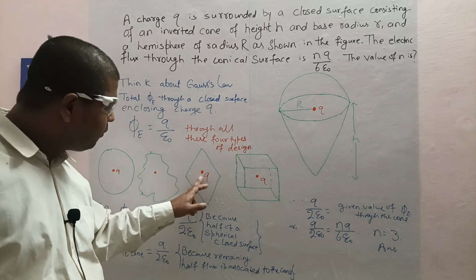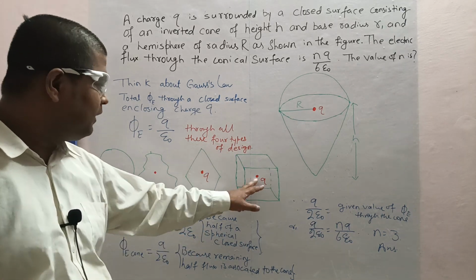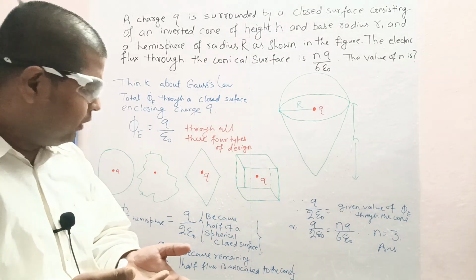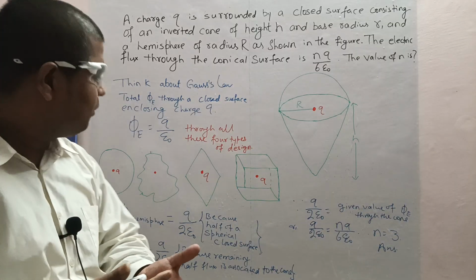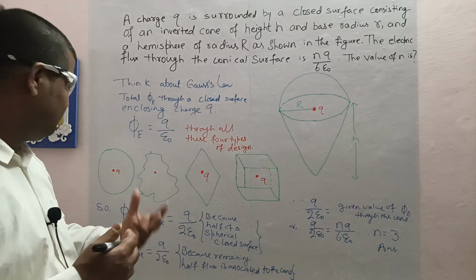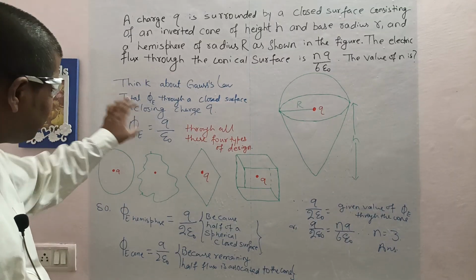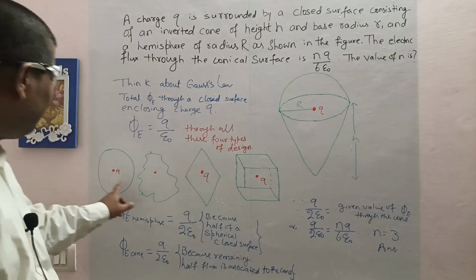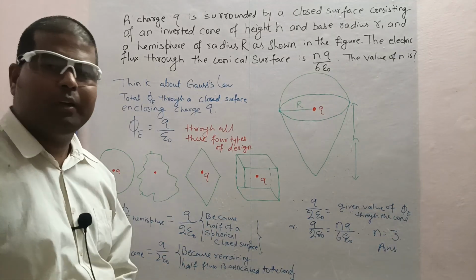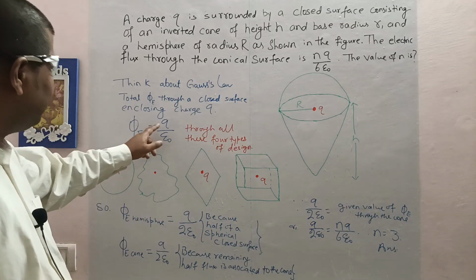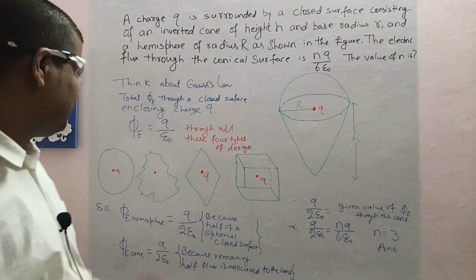Same charge is enclosed by a closed surface which is diamond shape, and here inside a cuboid or cube, the charge is enclosed by a cubical or cuboidal closed surface. According to Gauss law, the net electric flux through all these four types of closed surfaces is Q by epsilon naught. It's free from the shape and size of the surface.